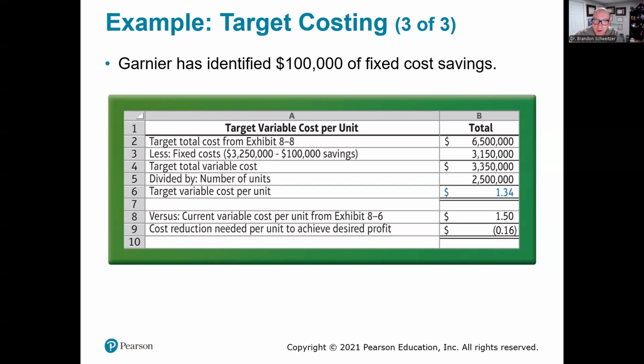We divide that by the number of units we expect to sell, giving us a target variable cost per unit of $1.34. And we can compare that $1.34 to the current variable cost per unit of $1.50, giving us a total reduction in unit cost of 16 cents. Right? This is a great way of us being able to compare our target cost to our cost plus approach.